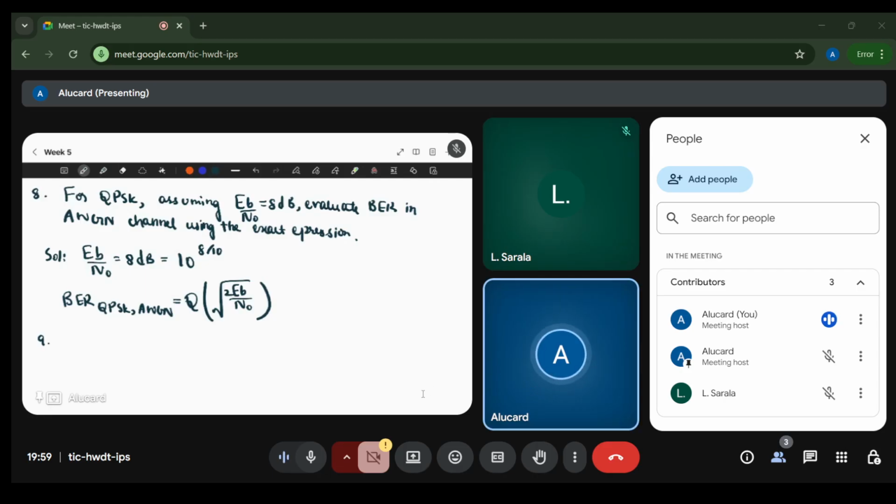Certainly, they won't expect you to know the Q value directly. They will give the Q value if it is needed, or they won't ask this type of question, or they might give the options in terms of Q value.